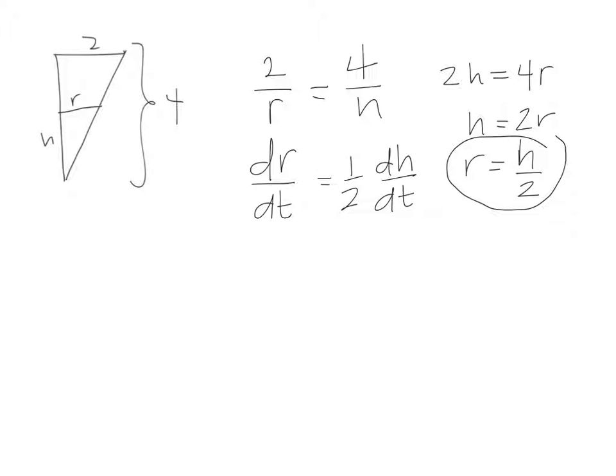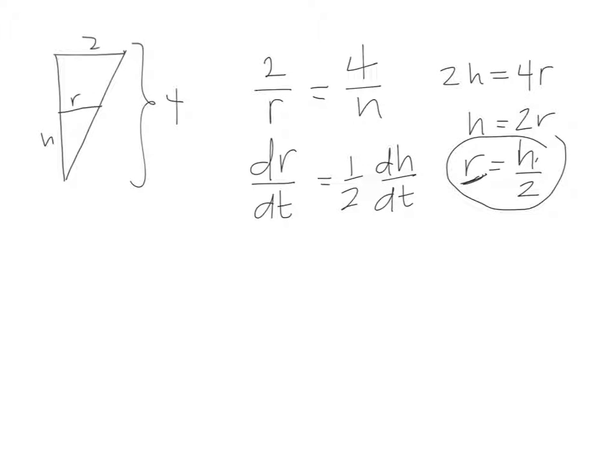So why is this critical, and why did I do it? Why did I isolate the R? Well, I want to find out what R is in terms of H, and I want to know what dr is in terms of dH by dt, because that will allow me to eliminate all dr by dt's in place of dH by dt, and moreover, I can eliminate all the r's by applying the h. And we can solve the problem that way.